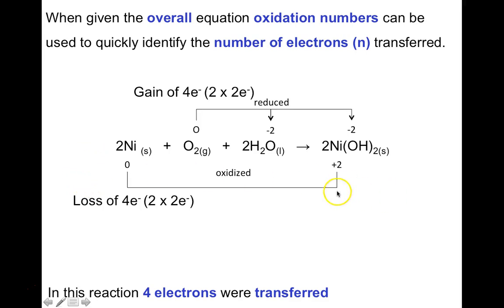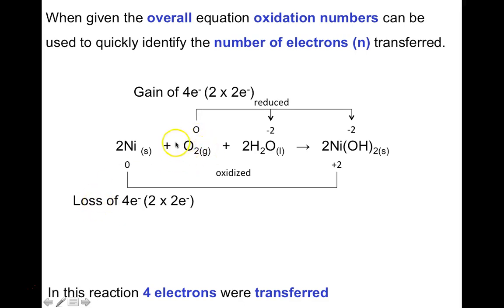In this expression, if I just look at the nickel, I begin with 2 nickel atoms that have oxidation number of 0, and I end up with 2 nickel atoms that have oxidation number of plus 2. One atom has gone from 0 to 2, a second atom has gone from 0 to 2, so that tells me that 4 electrons were transferred. As the nickel is being oxidized, this is a loss of 4 electrons.